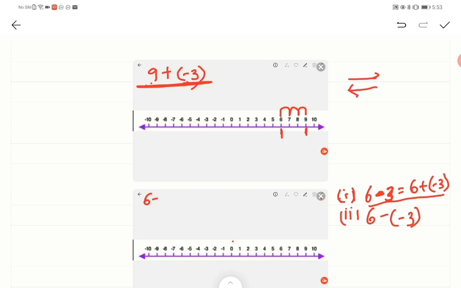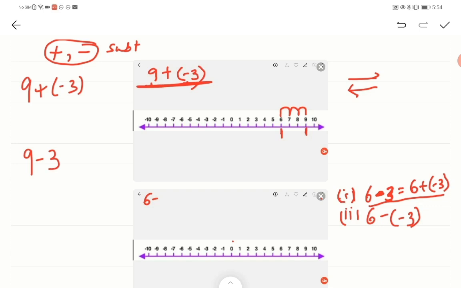Let us calculate by using the integer rules. You have 9, which is plus, and one is minus. What is the rule for this? Yes, subtract. So subtract the weights of these two numbers, that is 9 minus 3. How much?